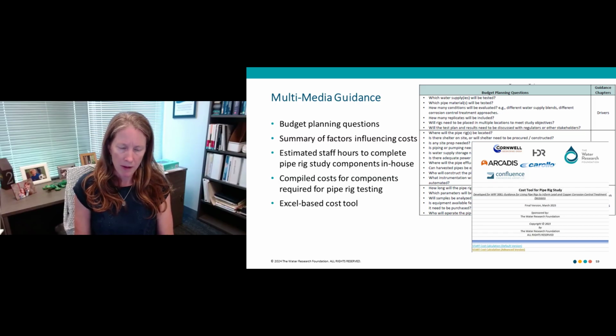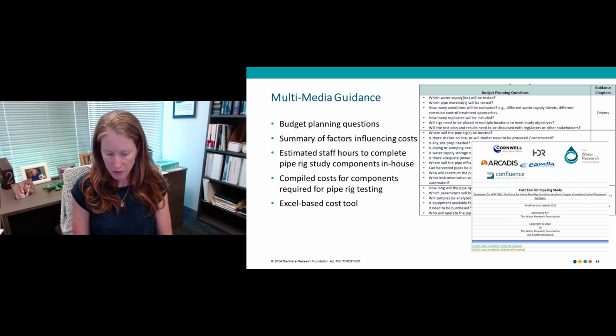In the cost tool, and I'll talk more about this, we've estimated staff hours to complete pipe rig study components in-house. So if a utility is doing the design of the pipe rig study, the construction, or the operation, we've listed estimated costs for utility staff to do that work. In the cost tool, we also have compiled costs for the components required for pipe rig testing.